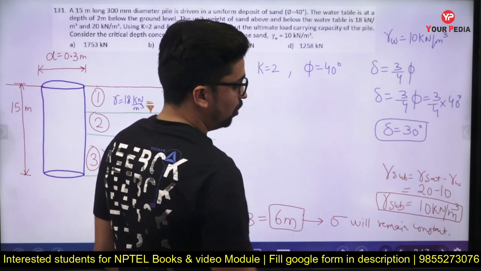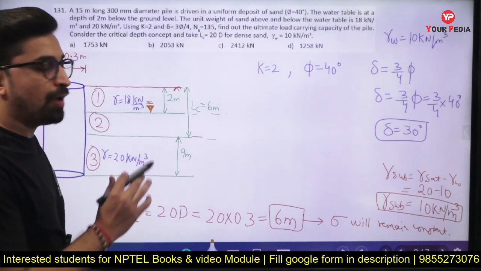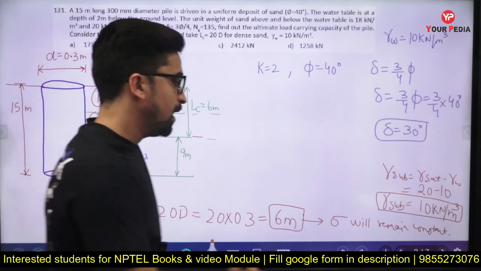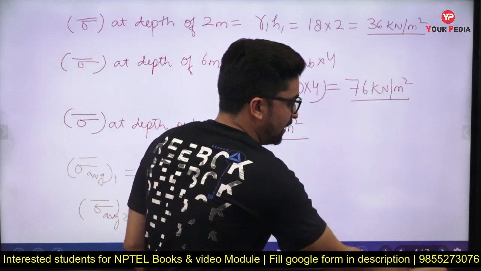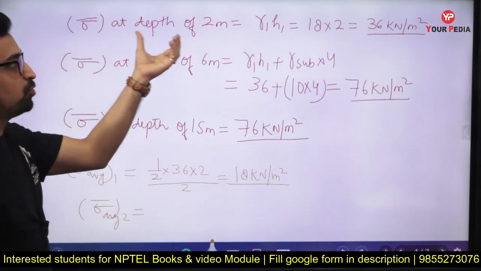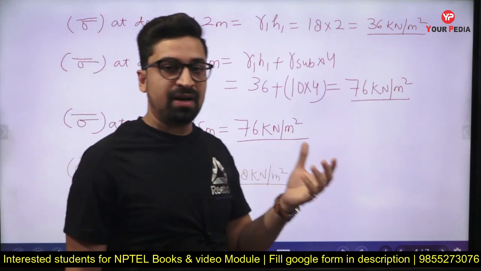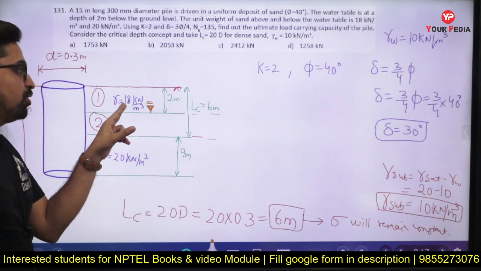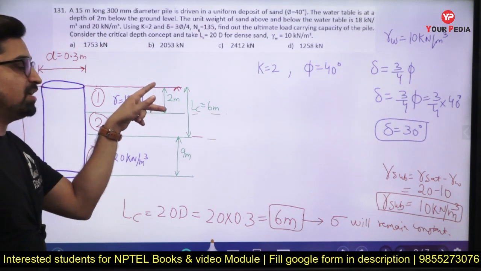Okay, so now our main aim is to find out the sigma bar average for region 1, region 2 and region 3. We know that the sigma bar at a depth of 2 meter will be equal to gamma 1 H1, where gamma 1 is 18 kilonewton per meter cube and H1 is 2 meter.